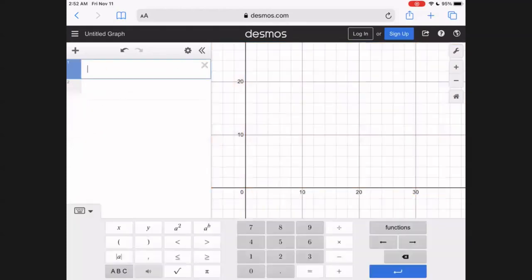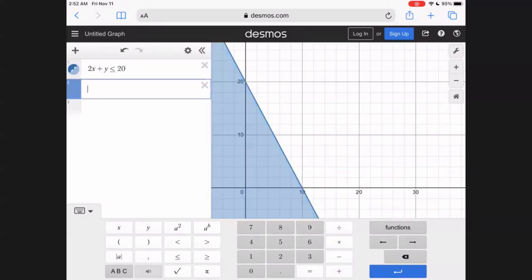So remember, I'm not keying in my objective function. I'm going to key in 2x plus y less than or equal to 20. And then I have 10x plus y greater than or equal to 36.